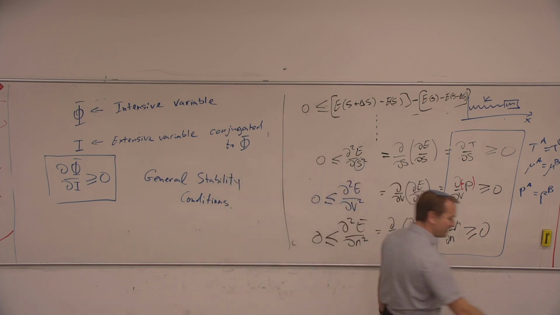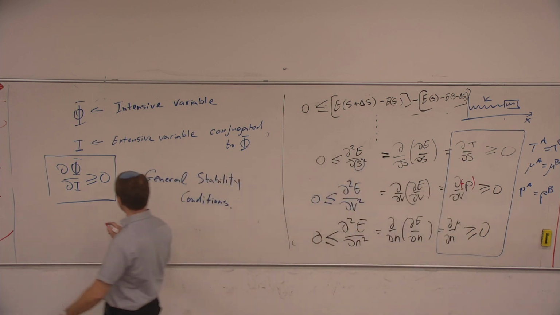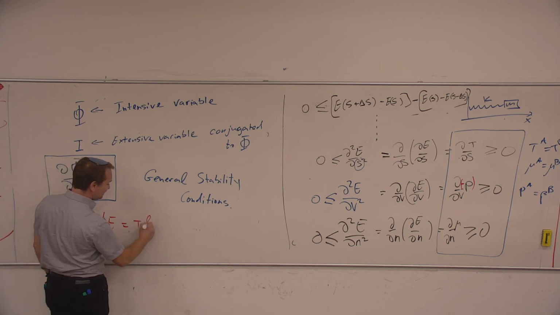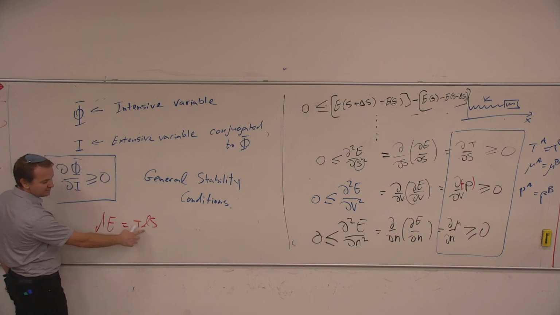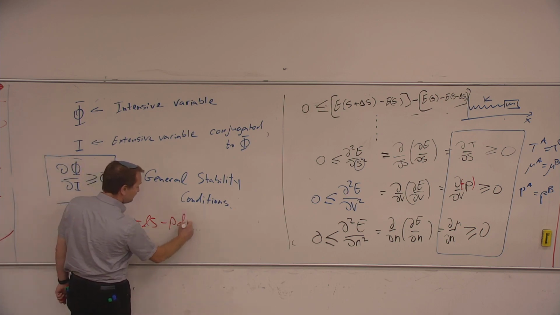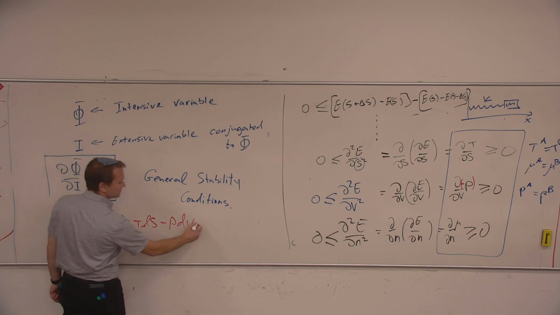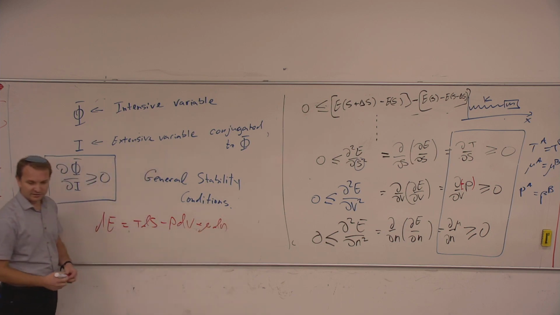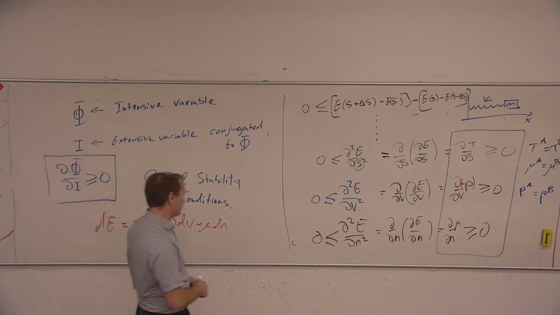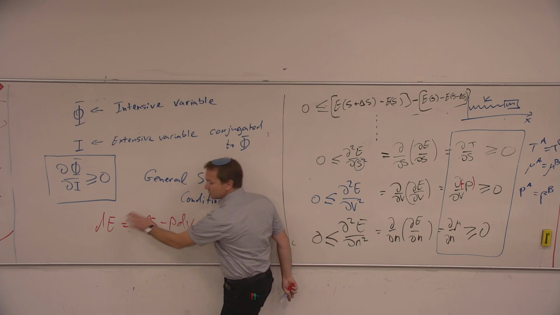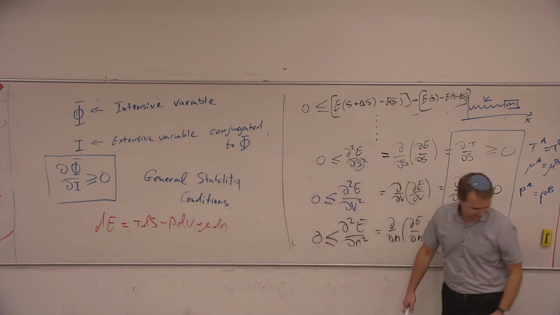If you write down dE, for example, it is TdS: T is intensive, S is the conjugated extensive. Minus P dV: intensive, extensive. Plus mu dN: intensive, conjugated extensive. And E is extensive. This is first lecture.